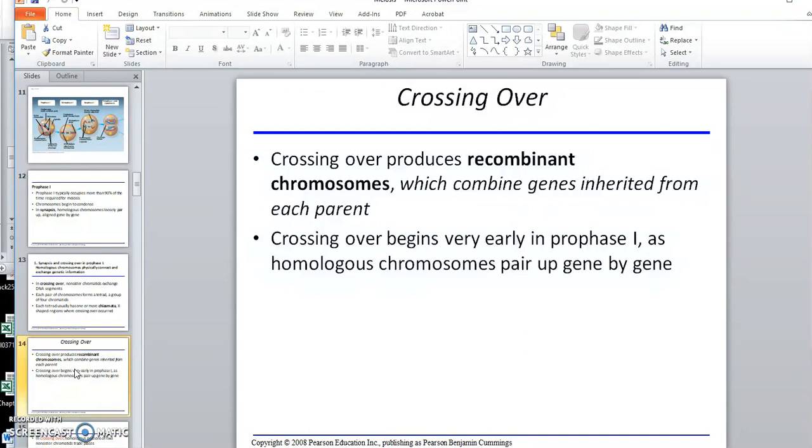In crossing over, the chromosome actually breaks and recombines and puts a piece of dad on mom and a piece of mom on dad. So each chromosome actually carries a piece of the other parent. That gives evolution, that gives genetic diversity, a whole blending, a whole plethora of things.